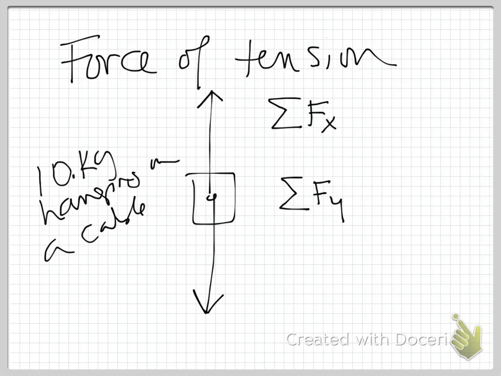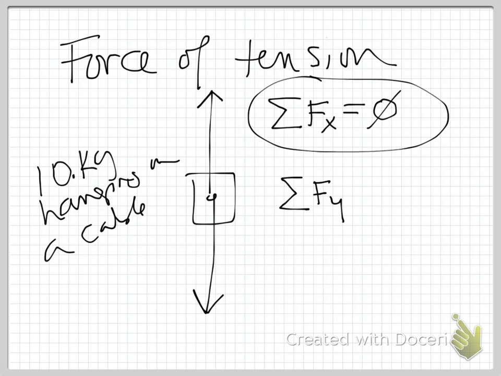So what's the sum of forces on the x? Zero. It's not moving left or right. Sum of forces on the x is 0. It's a really good idea as we go further in these, even if something's not moving on one axis, if it's not moving up or down or left or right, it's still a good idea to do this sum of forces bit, because as we get into the heavier duty algebra, this gives you more tools with which to build expressions.